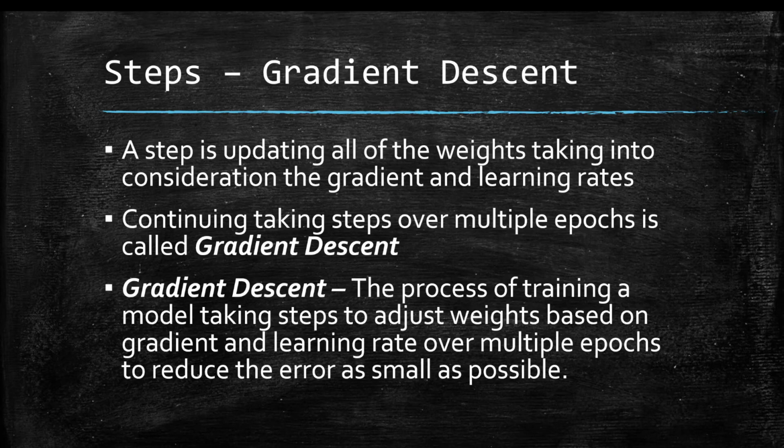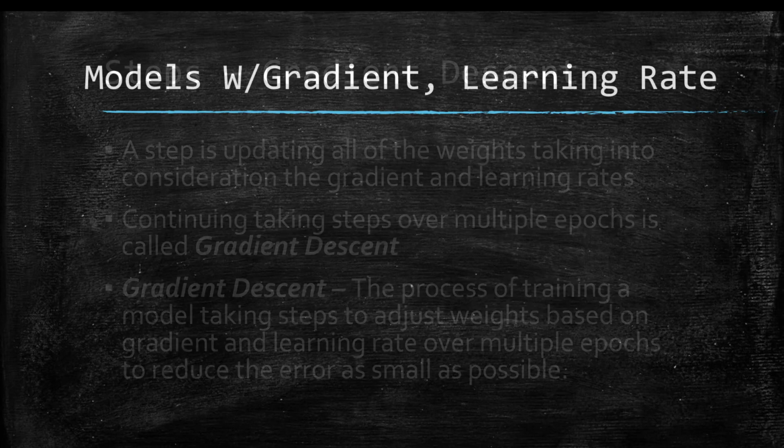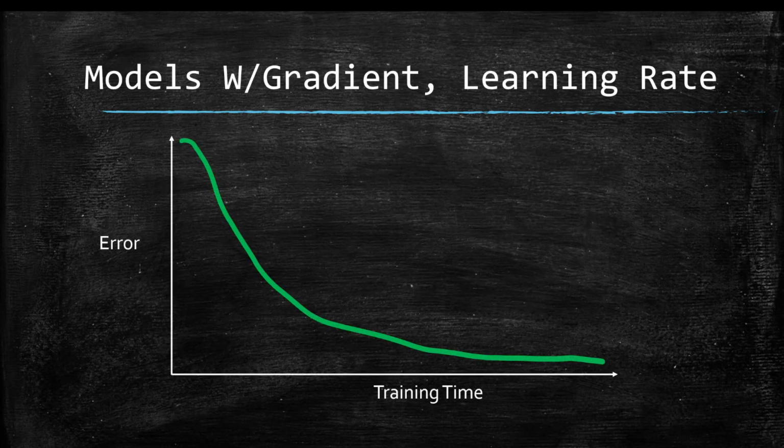Gradient descent, therefore, is the process of training a model, taking steps to adjust the weights based on gradient and learning rate over multiple epochs. And we do that with the intention of reducing the error as small as possible. So we want the loss to get small over time. And ideally, it should look something like this.